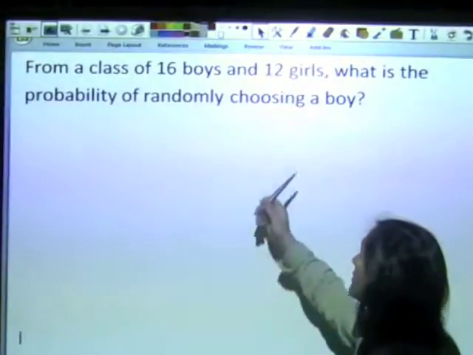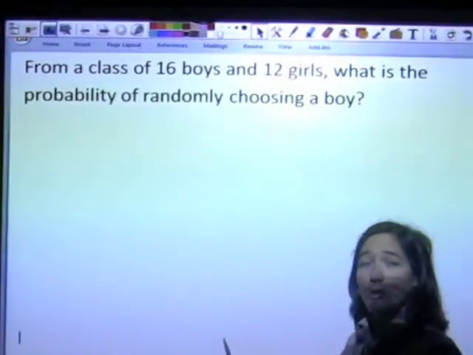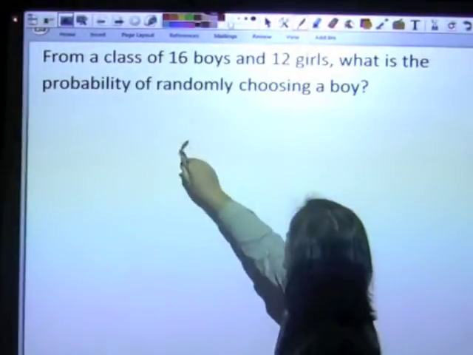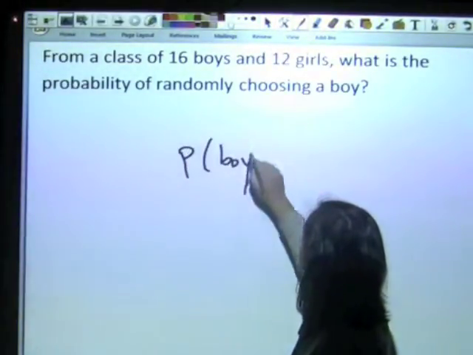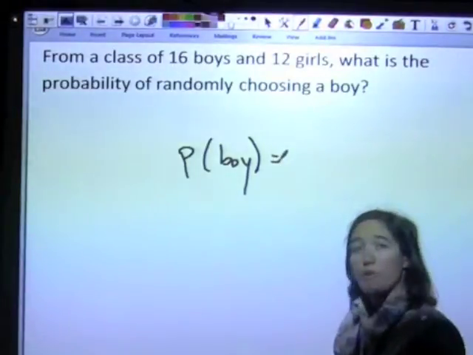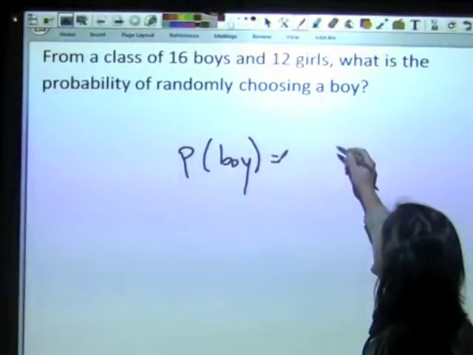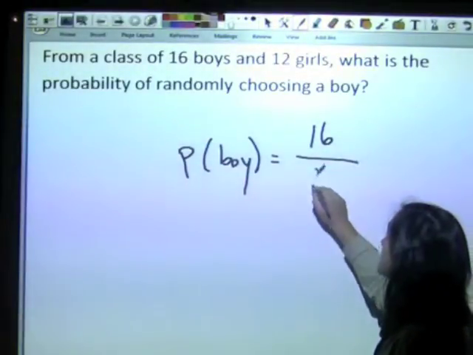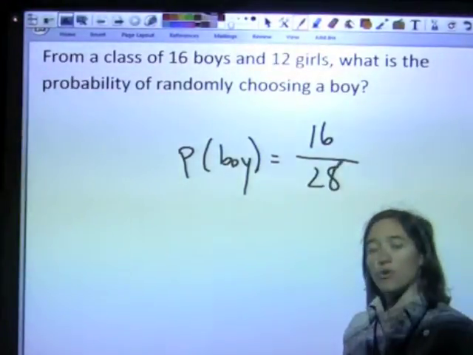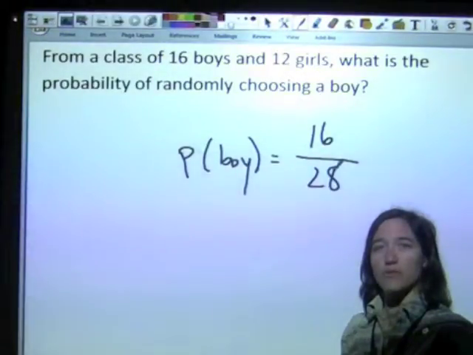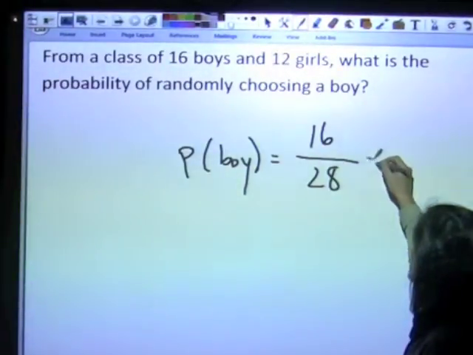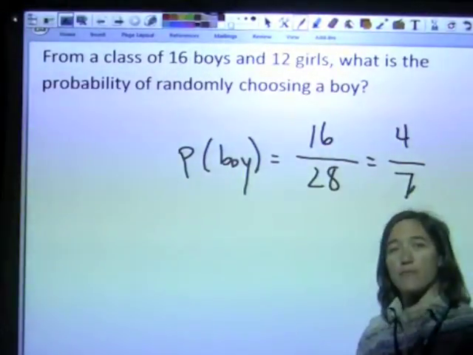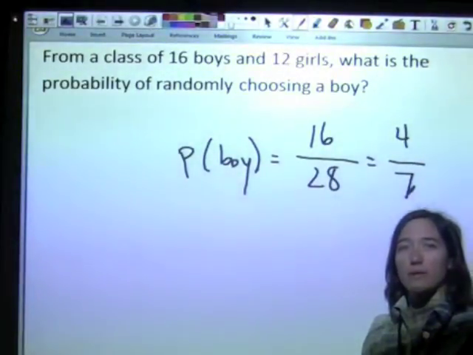The favorable outcome here is choosing a boy, and the total outcomes would be the total number of students in the class. So the probability of a boy is 16 out of 28: total number of boys divided by total number of students, which of course reduces to 4 out of 7 if we divide the numerator and the denominator by 4.